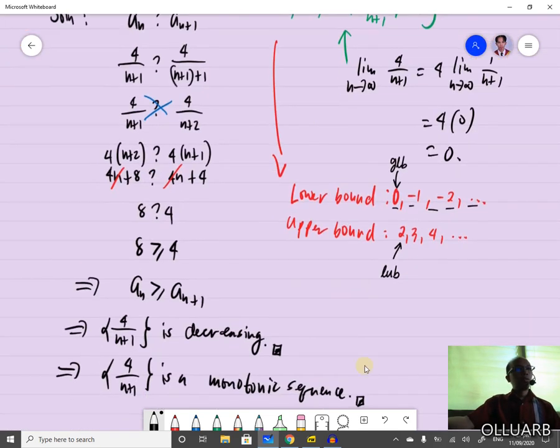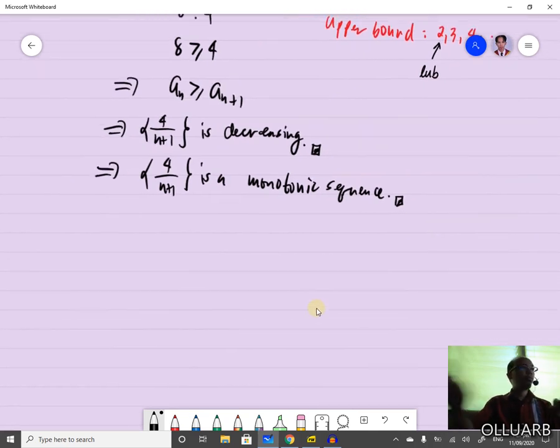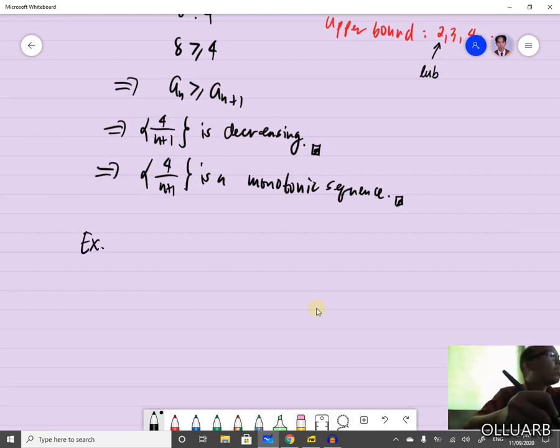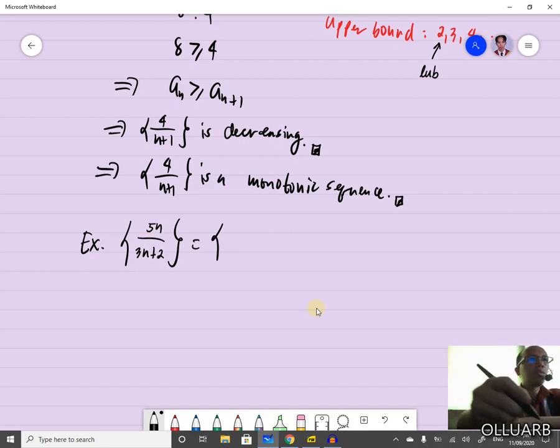So another example, how about the sequence 5n over 3n plus 2. The elements of this sequence are the following. When n is 1, 5 over 5, so this is 1.